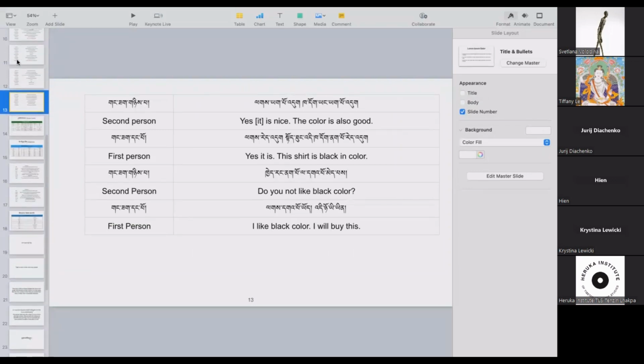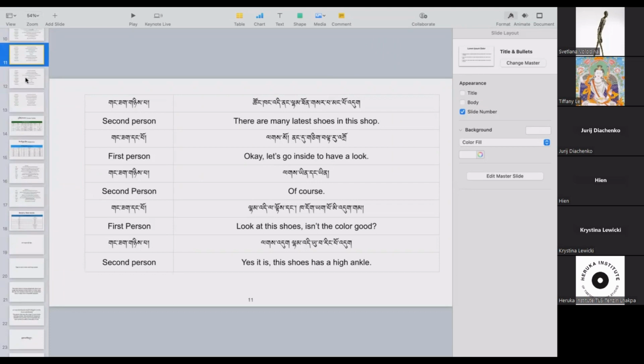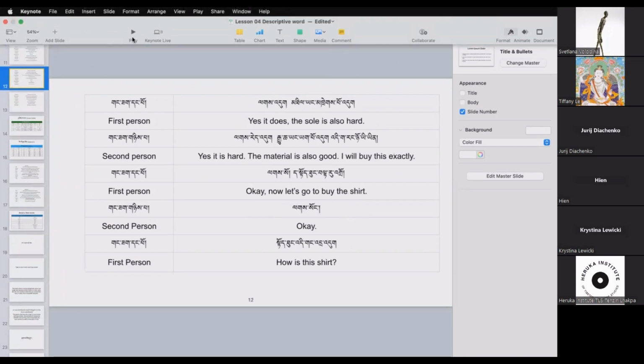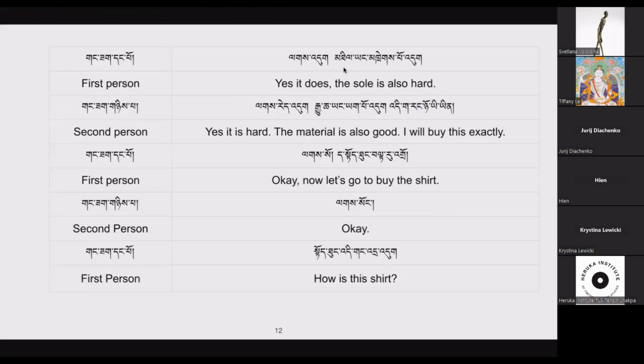Lasso. So this one. Okay. So till refers to the sole of the shoes, the bottom part of the shoes, which is used for gripping the ground, right?